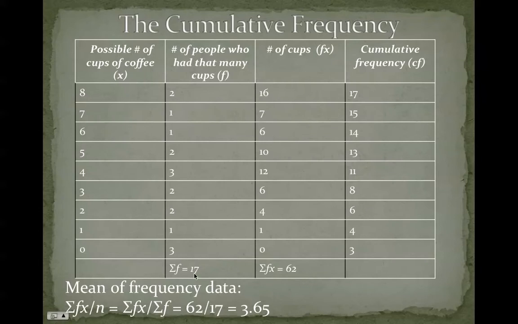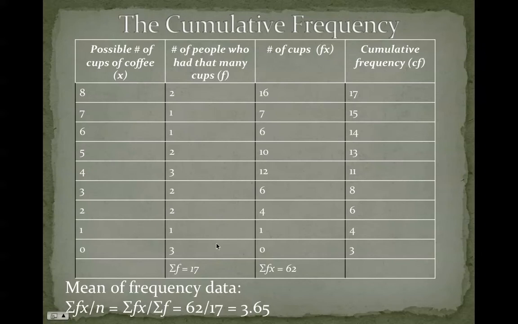And if you do it correctly, the sum of f, or the sigma of f, or the sample size, should be the same as this top row here, 17. This 17 should be the max number of people. So 3 plus 1 equals 4.